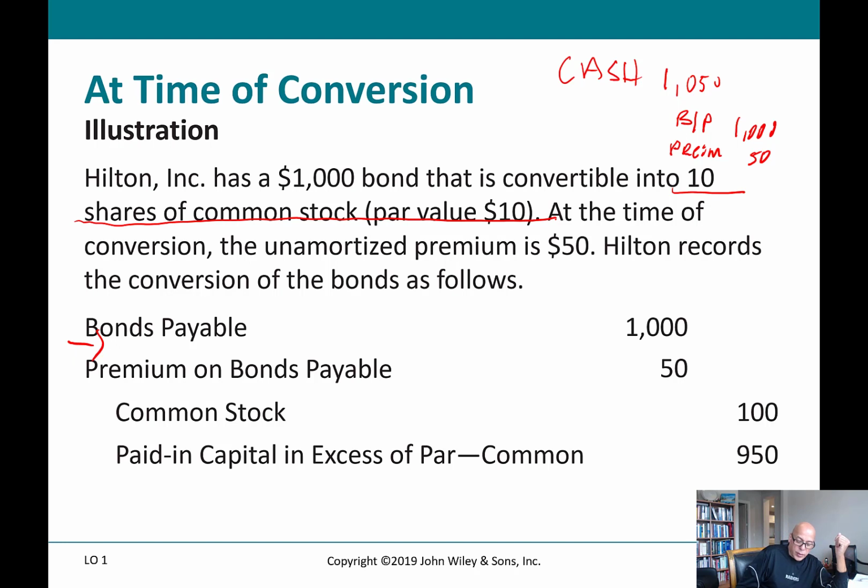Okay, so they're going to convert those bonds into 10 shares. 10 shares times $10 per share. 10 shares times the $10 per share. That means that we're going to have to issue the common stock at par.